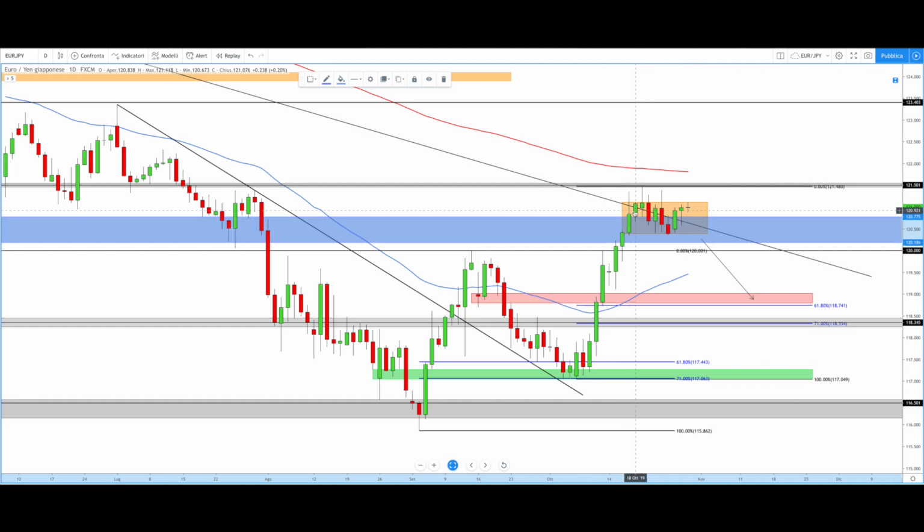But we can see that the price also broke this slowdown area around 120.50, and here the price closed the weekly candle above this second bearish trend line.